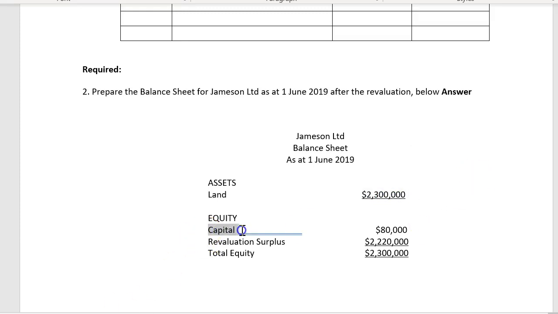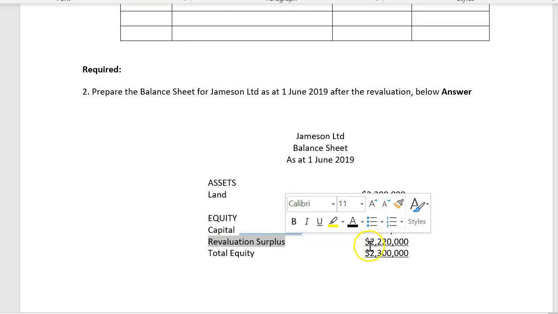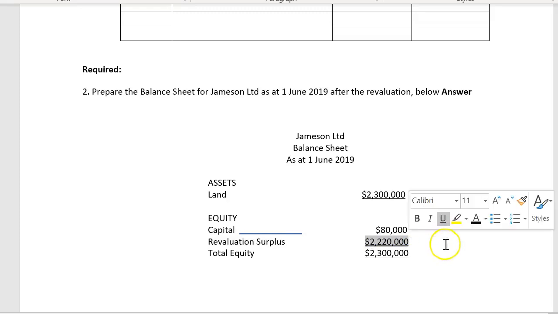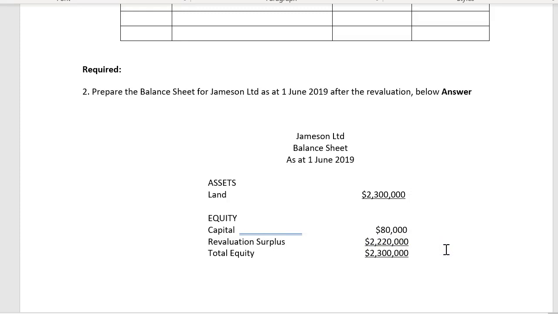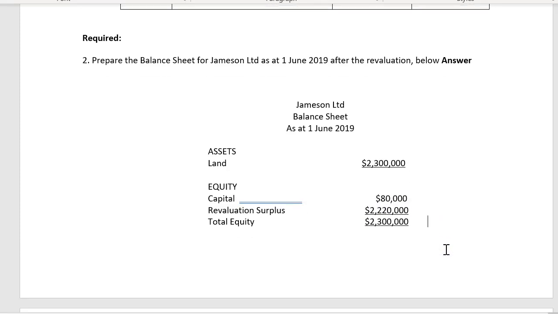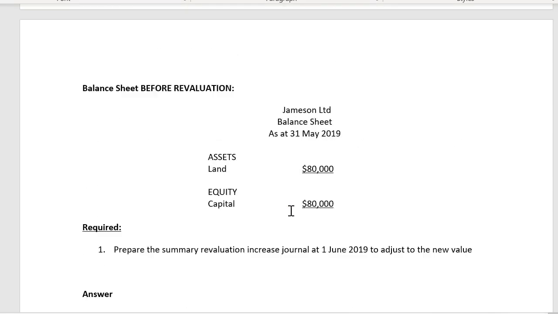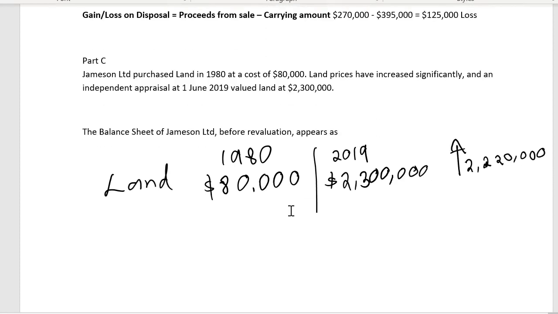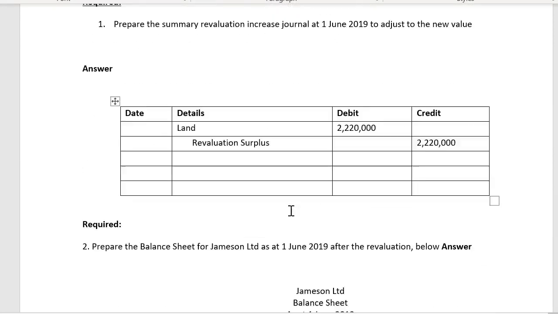Business's capital did not change as they did not issue any shares. And you add an additional equity item to the balance sheet, which is revaluation surplus at 2,220,000. Okay, and that's it for part C of this question.